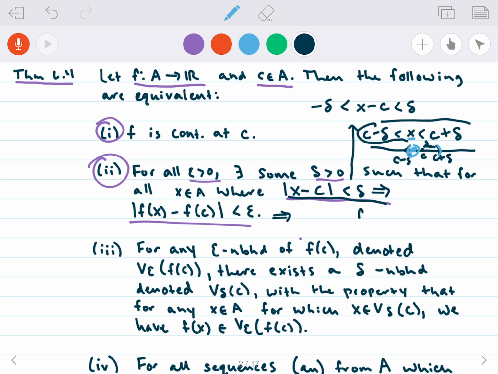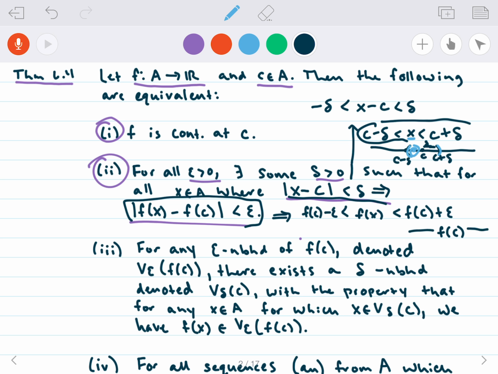So, again, if we just use the definition of what absolute value means, just like we did up here, we can say that f of c minus epsilon is less than f of x, which is less than f of c plus epsilon. Okay, so pictorially, we have our neighborhood centered at f of c.